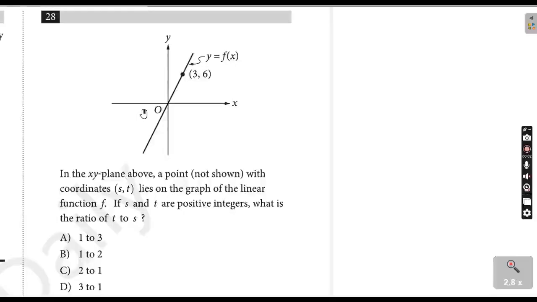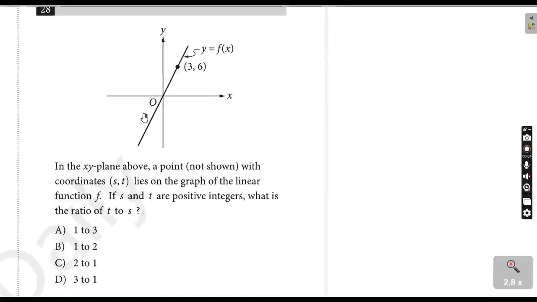So we move to 28. In the xy plane above, a point not shown with coordinate s, t. So we're given two coordinates, s, t, lies on the graph of the linear function f. If s and t are positive integers, what is the ratio of t to s?